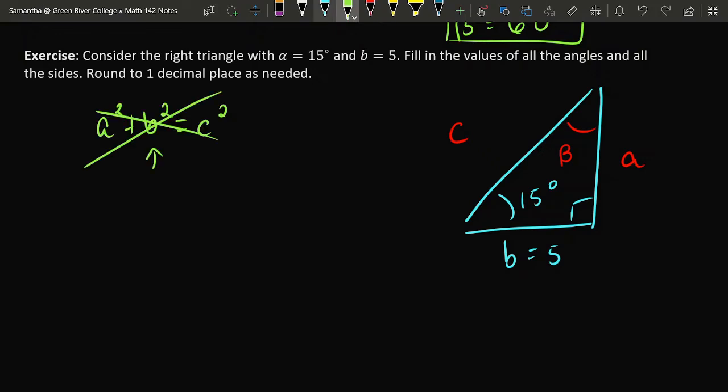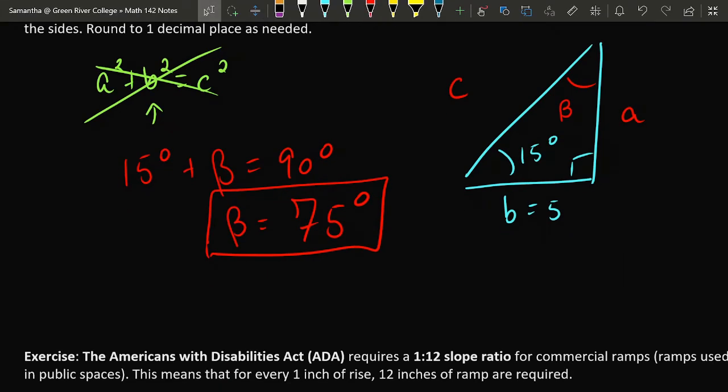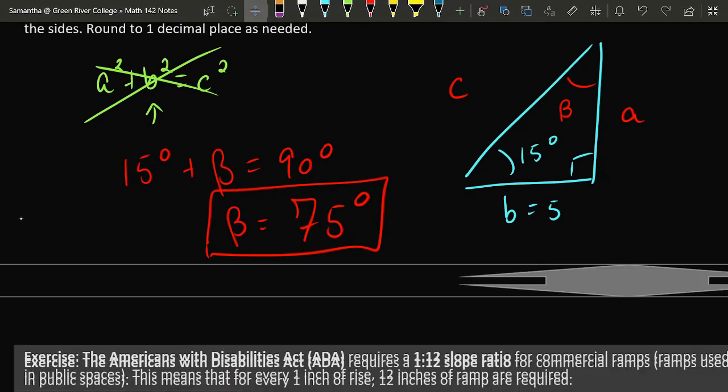One value that it looks like will be easy to get is the value of beta, because once again I can use the fact that if I take the angle alpha and add it to the angle beta, the result of that should be 90 degrees. And therefore, as a result, the value of the angle beta should be 75 degrees. So we got one of those angles right off the bat, and now what's left for us to determine are the values of the two sides.